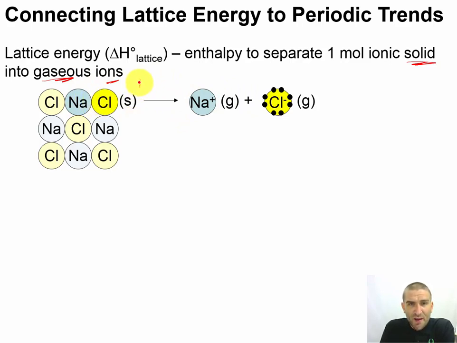So the first thing we're going to do is pop those loose to be a sodium atom in the gas phase and a chlorine atom in the gas phase. And when I keep emphasizing atom, that means they're not charged yet. So there will be an energy associated with transferring 1 electron from the sodium over to the chlorine.